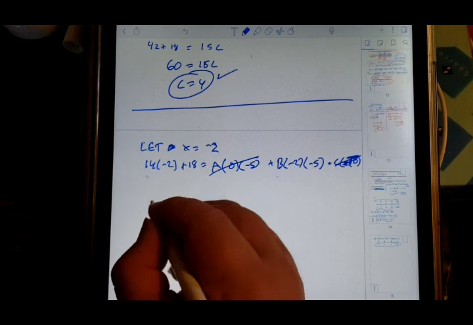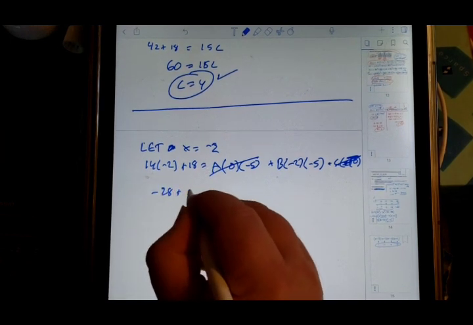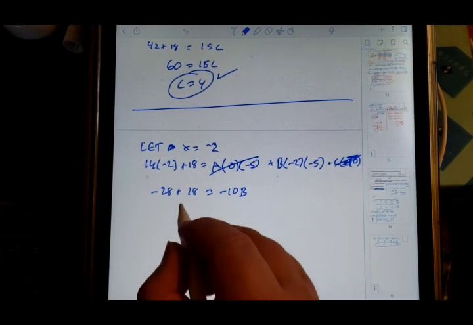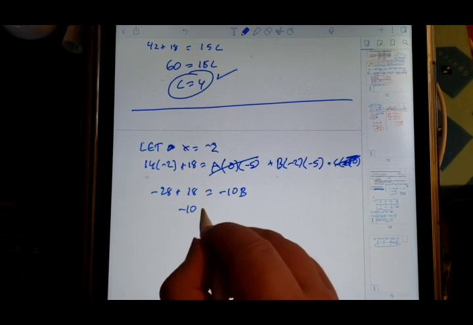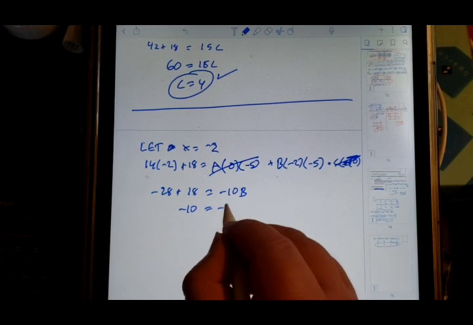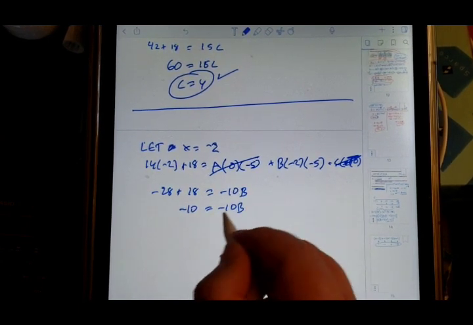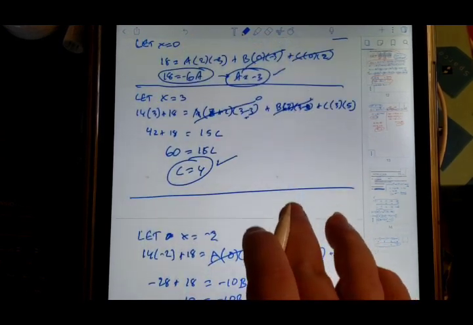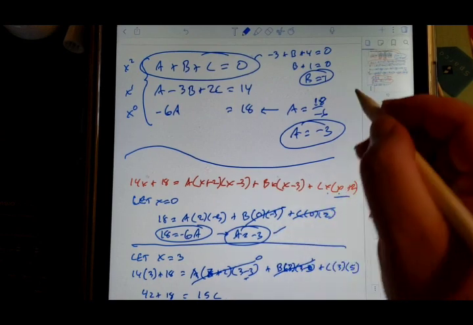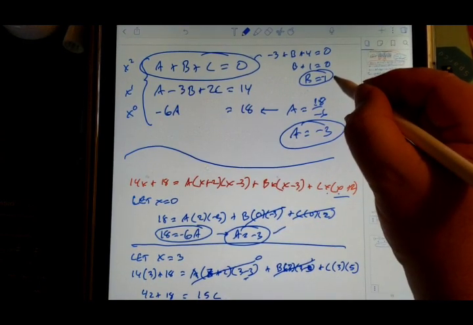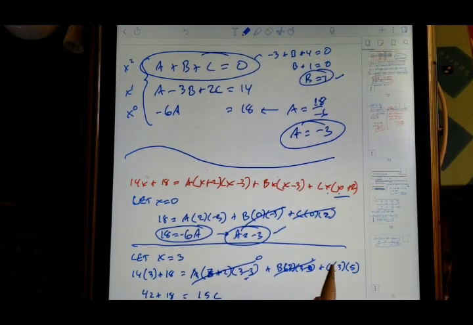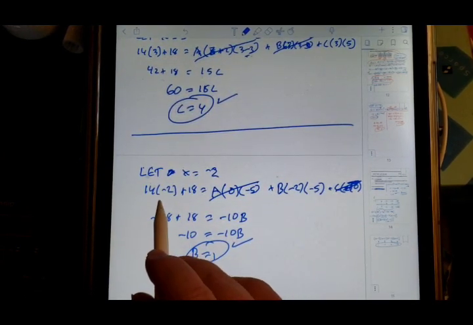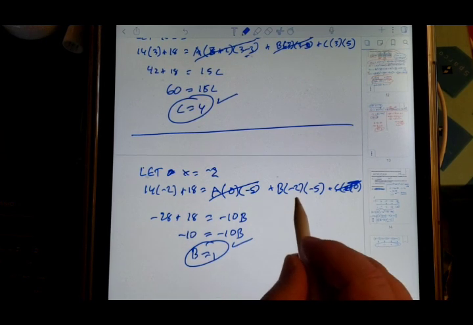Well, this is going to be negative 28 plus 18 equals negative 10b. Or negative 10 equals negative 10b. Divide both sides by negative 10, I'm going to get b equals 1. So that does agree with what I got here. Actually, I got a negative one there. Oh, I see it.